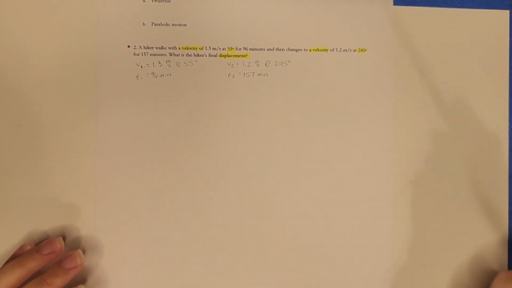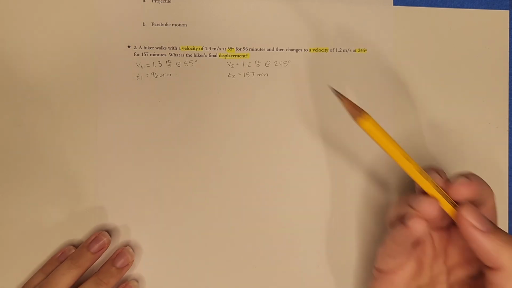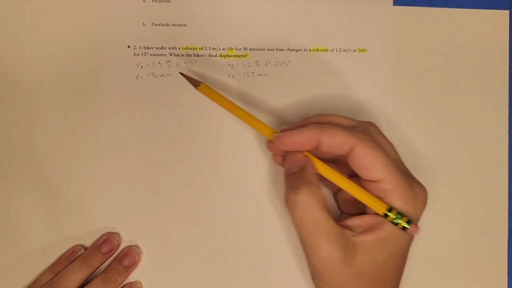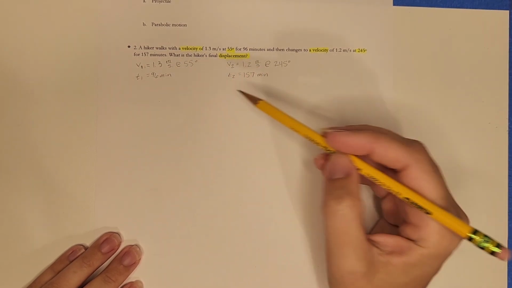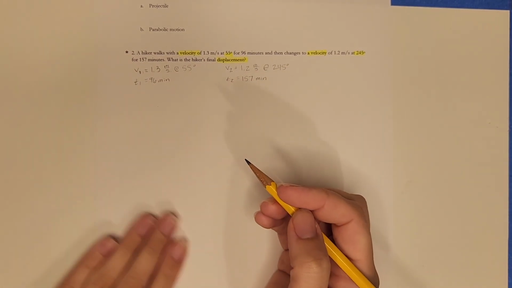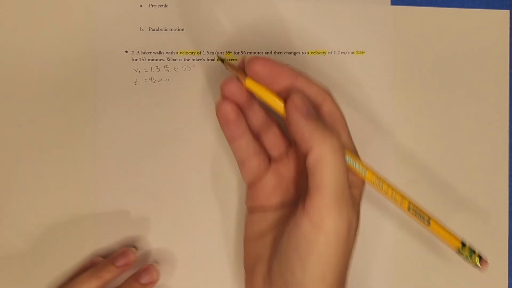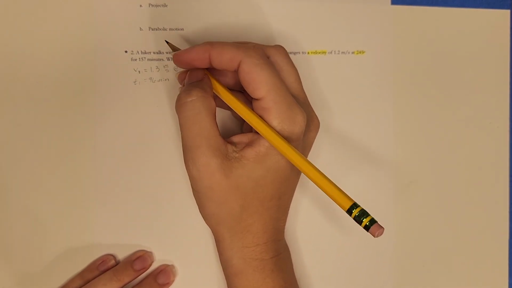Now, the first thing I'm going to do is look and see, do my units match up? So I have seconds here, minutes here, and so I know I'm going to need to do a conversion, and it's just worth it to do it before you get started.